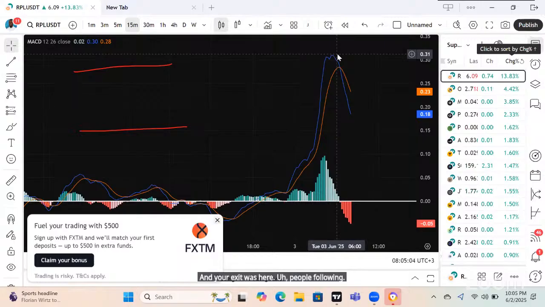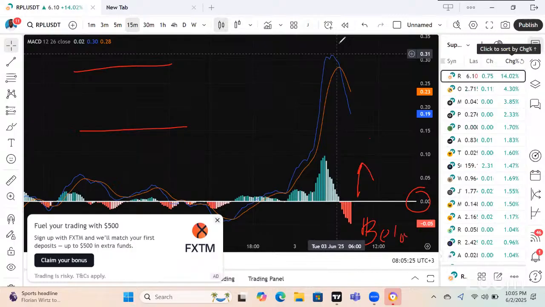Someone is asking, where is zero line found? What? This is zero line. This is above it. This is above. This is below. This is above zero.